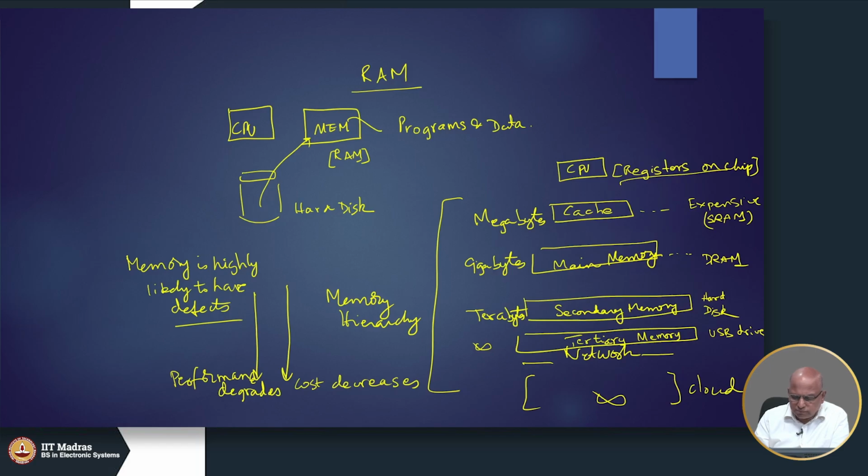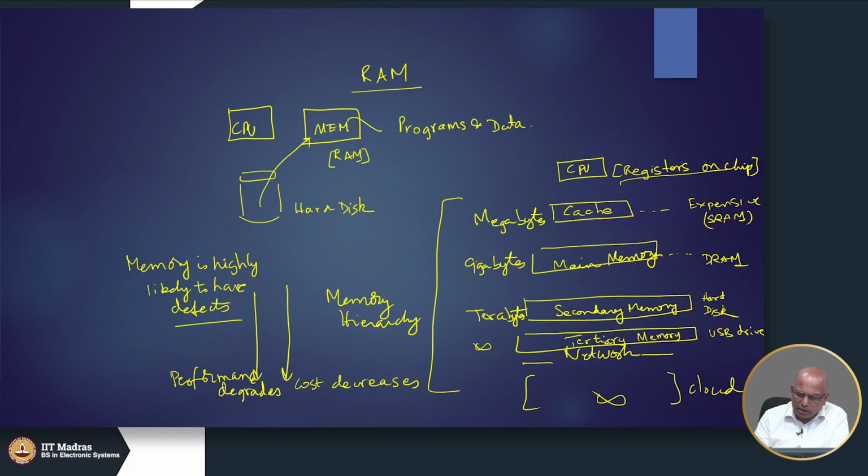So, the chance of a fault present in these is very high. Even if the chance of a single memory cell becoming faulty is a very small number, the number of memory cells is so large that this memory is likely to have faults.